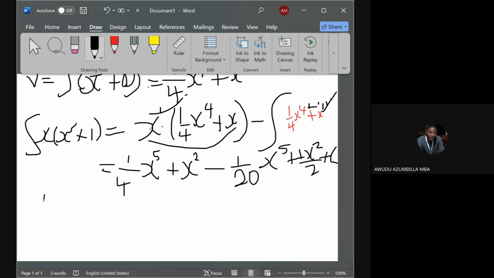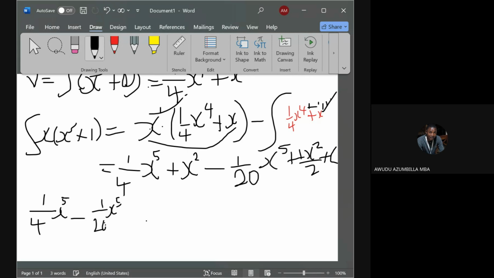So we have 1/4 x raised to the power 5. Now, I have x raised to the power 5 here. I want to group like terms. So this one, I will bring minus 1/20 x raised to the power 5 here.